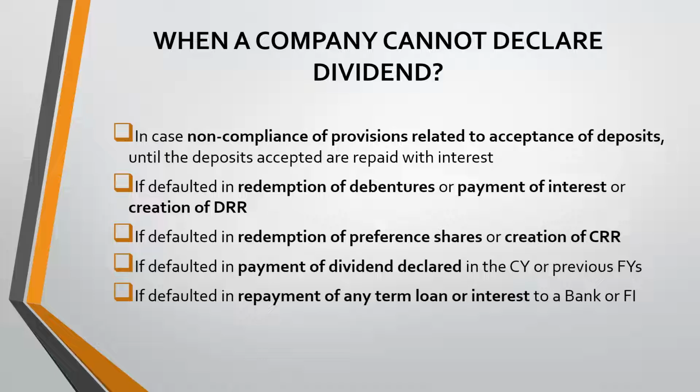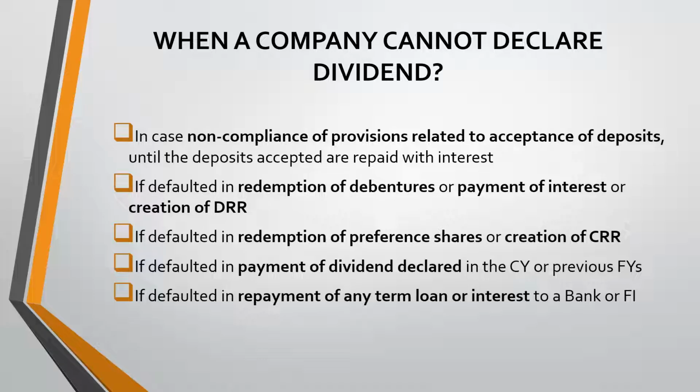Next, if a company has defaulted in redemption of debentures or payment of interest or creation of debenture redemption reserves, then the company cannot declare dividend. If a company has defaulted in redemption of preference shares or creation of capital redemption reserves, then also the company cannot declare dividend. If it has defaulted in payment of dividend declared in the current year or previous years.